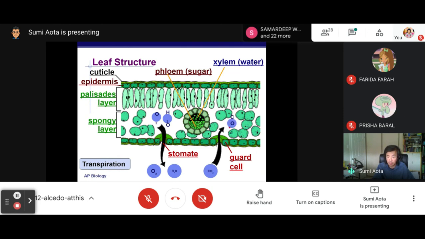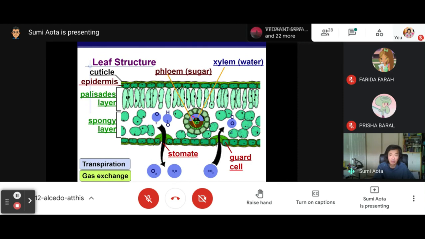CO2, on the other hand, is going to come in from the atmosphere into the air spaces because the plant needs it for photosynthesis. So again, that's just straight gas exchange. So these are the three products that are basically moving in and out of the plant: gas exchange of carbon dioxide and oxygen, and transpiration causing the removal of water.